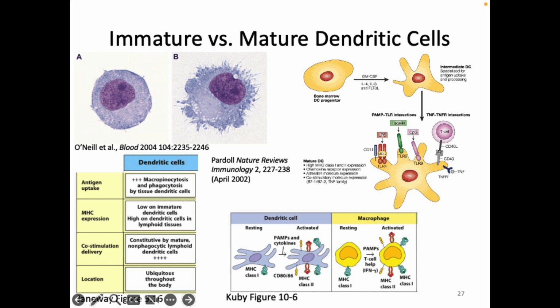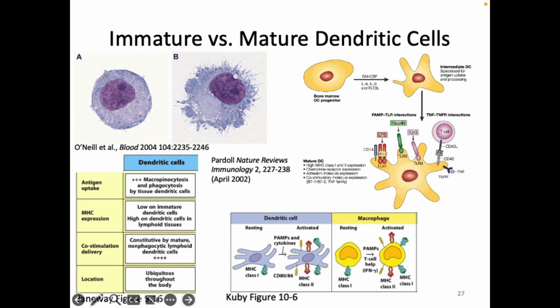Then a microbe came in, had some MAMPs that could stimulate PRRs, and that's going to activate the dendritic cell. And so you can see, again, on the view on the left, here's my dendritic cell that was immature. Now it's going to get some stimulation, and it's going to be a mature dendritic cell. It's going to have way more surface area, these big, long projections, and that's going to let it put way more proteins on its surface so that it can talk to T cells.